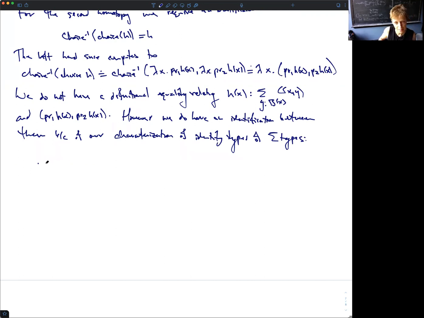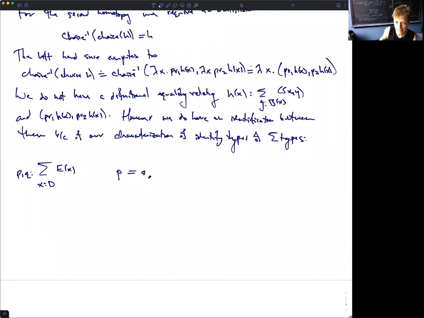So if I have two terms, let me call them P and Q, that belong in a sigma type, let's say we're summing over x of type D in E of x.